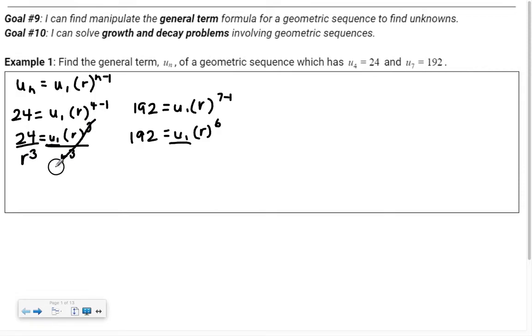So that cancels out. I have 24 over r cubed equals u1. I'm going to do the same thing over here, dividing both sides of my equation by r to the power of 6. So I have 192 over r to the power of 6, and that equals u1 as well.